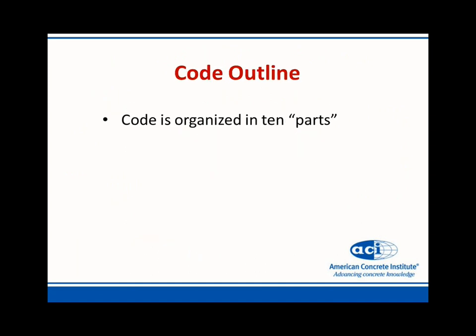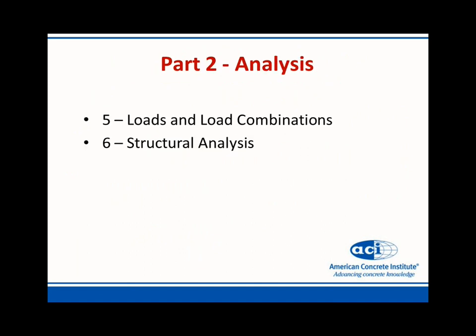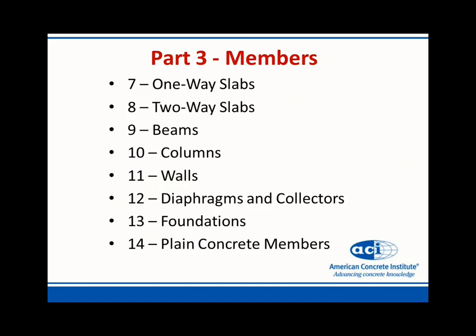I like to think that the code is organized in 10 parts. Again, you've heard this before. The first part is administrative. I really like Chapter 4. That's the chapter that Jack discussed, the structural system requirements. It's largely new. It's a roadmap to everything that goes on in the code, and it's very important. We have 2 chapters on analysis, loads and load combinations, and structural analysis methods. The heart of the code are the 8 member chapters in Part 3.